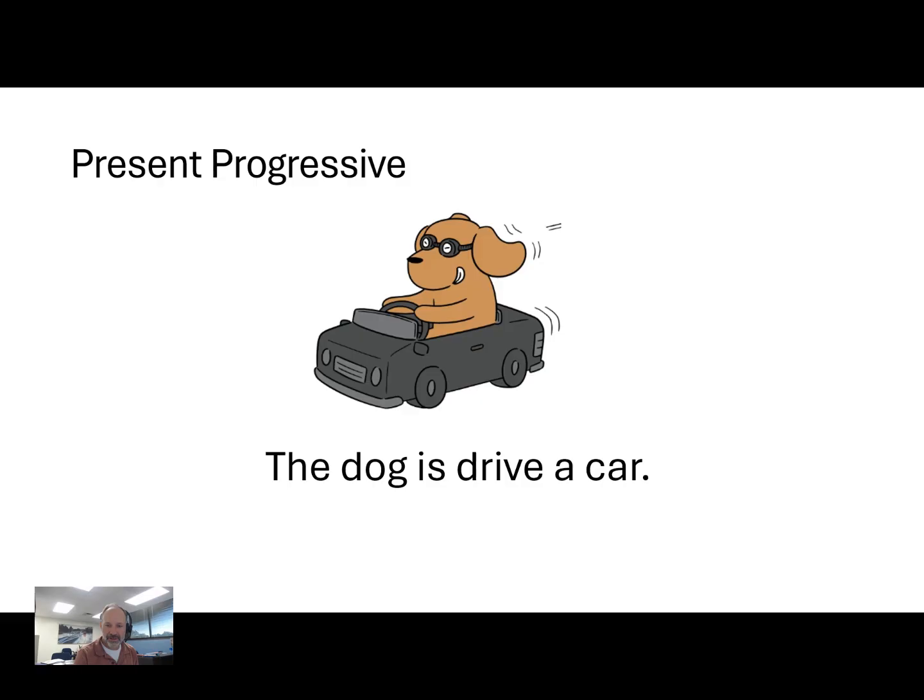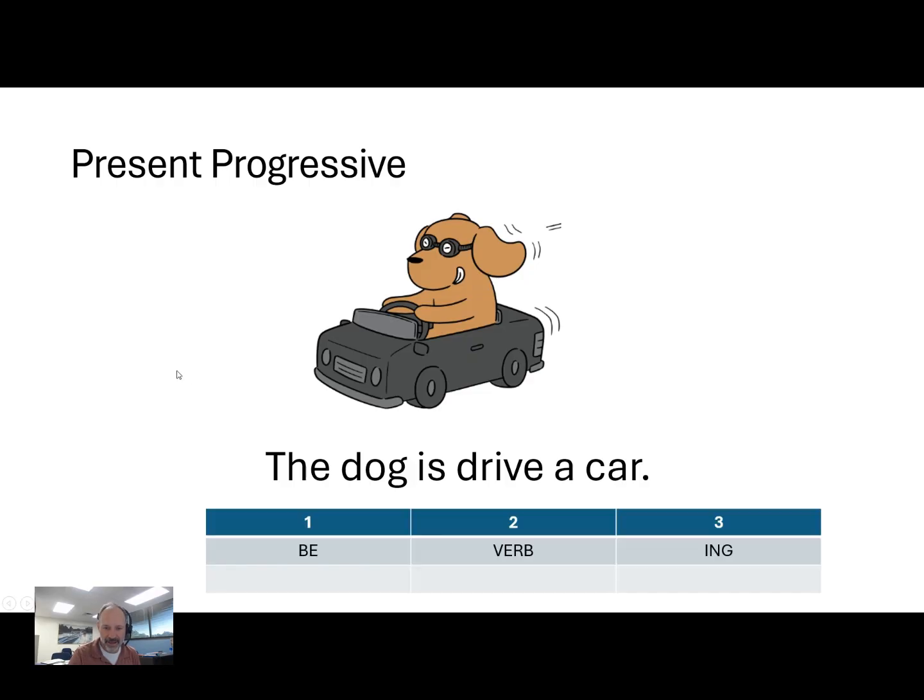The dog is drive a car. Do you see the mistake in this sentence? Remember, we need 1, 2, 3. Be, verb, plus ing. I can see in this sentence, maybe I forgot that ing here.